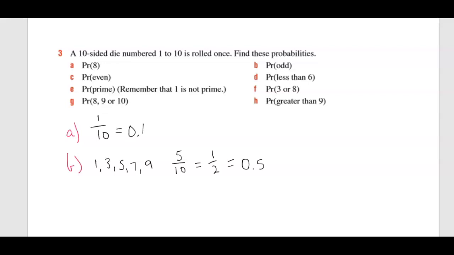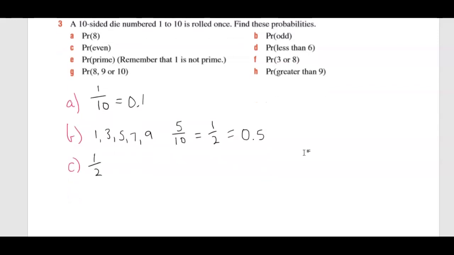I think fractions are a lot easier to deal with, especially when we're doing other probability later on and you need to multiply. I find it a lot easier to multiply fractions than decimals, but you can put your answer as a fraction or a decimal. I'm going to leave my answers as fractions because I prefer fractions. Okay, so that means if the probability of odd is 0.5, then the probability of even is the same.